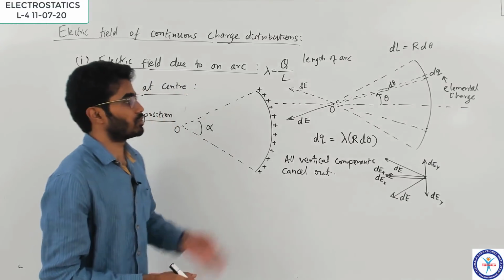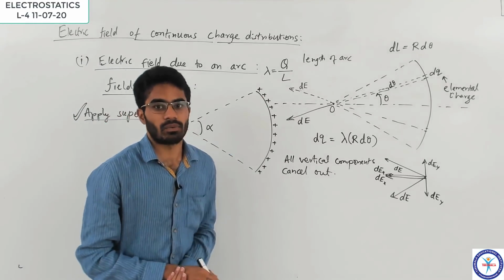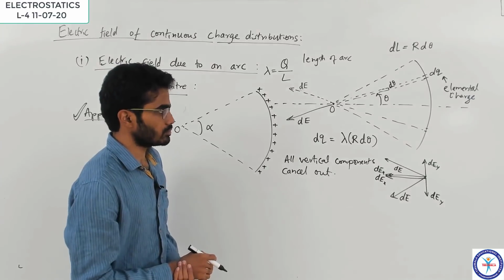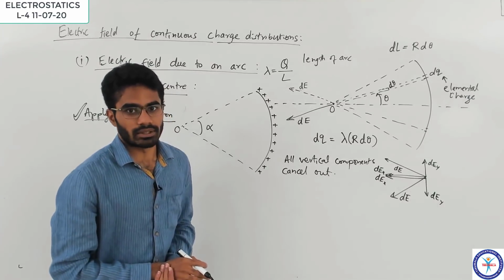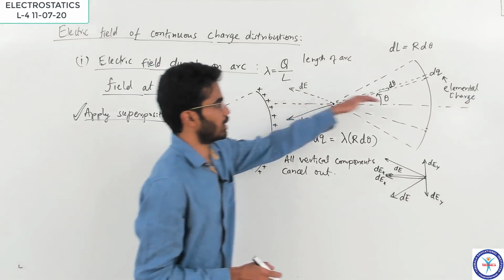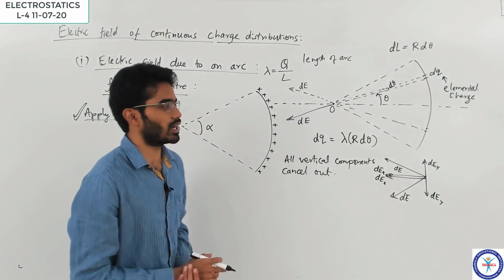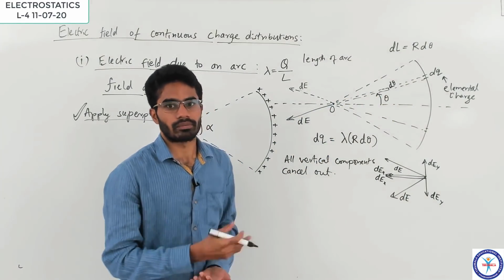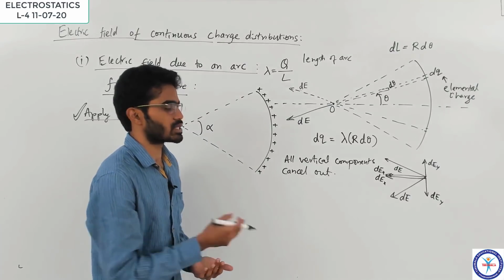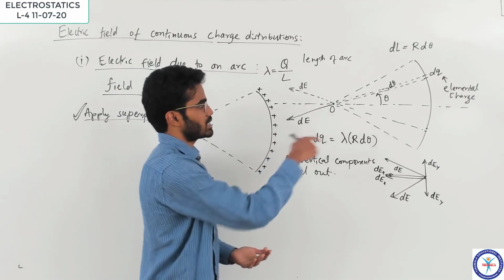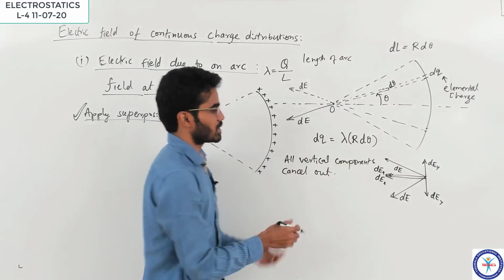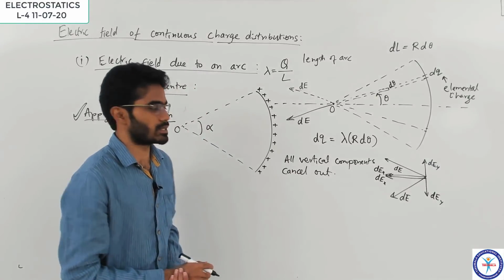So we have taken the figure, our system, in such a way that we have a simple method. By taking it along the angular bisector, the advantage is that we can reduce the problem, so that it is less complex. We have arranged it in such a way that the vertical components are cancelled out, so our problem becomes easy.